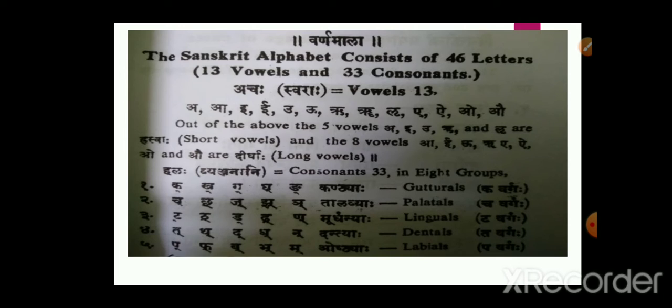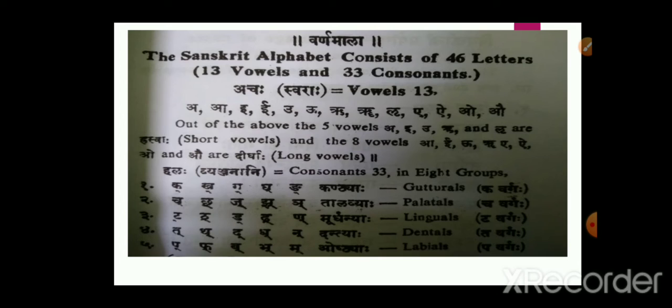Now let's see the consonant part. We have discussed that in total we have 33 consonants, called halaha or vyanjanani, which have 8 groups. The first group is kavargaha, called kantyaha, which are gutturals.